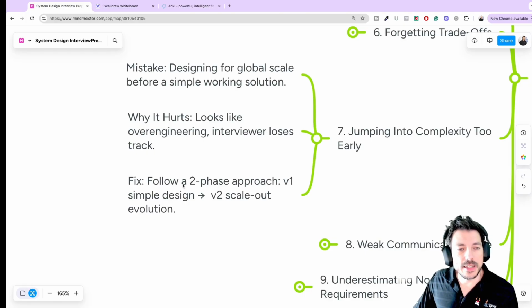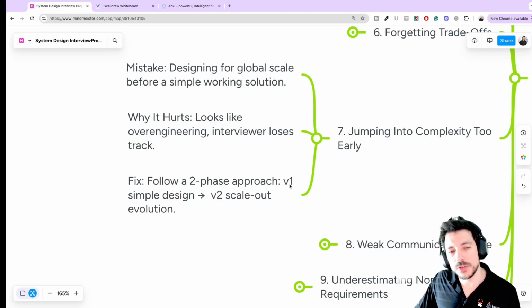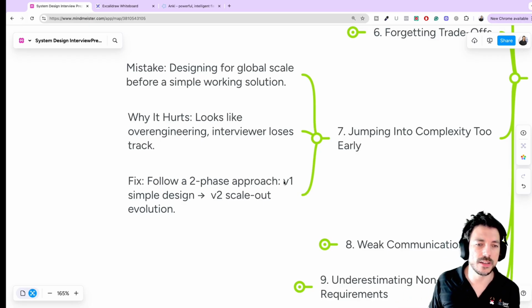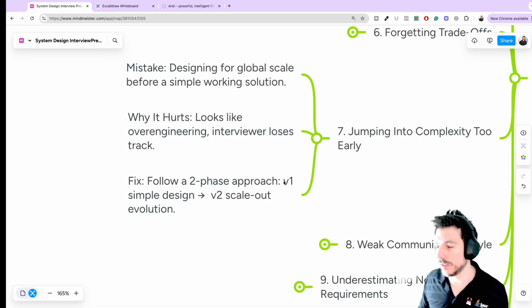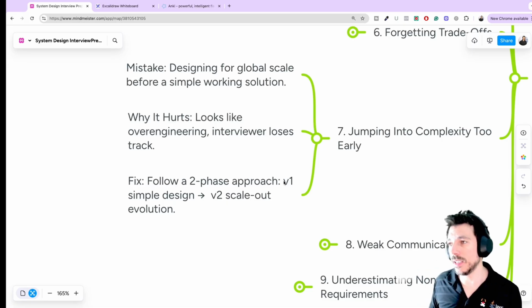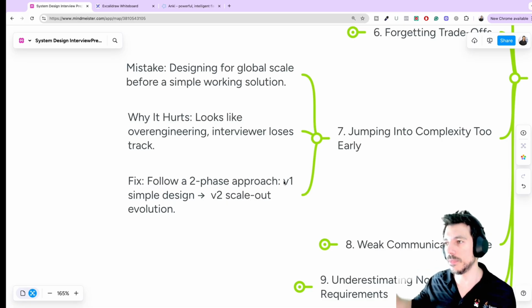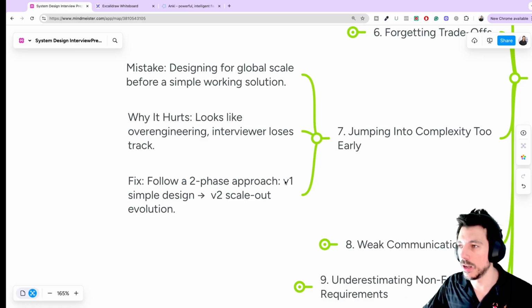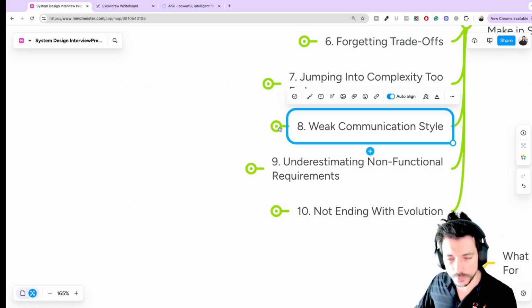The fix for that is to follow a two-phase approach. You can say, hey, this is version 1, the simplest version. I want to create something very simple. And then at the end of the interview, you can say, hey, by the way, to scale this system 10x, we could do this, right? Just to show the interviewer that you know how to scale the system.